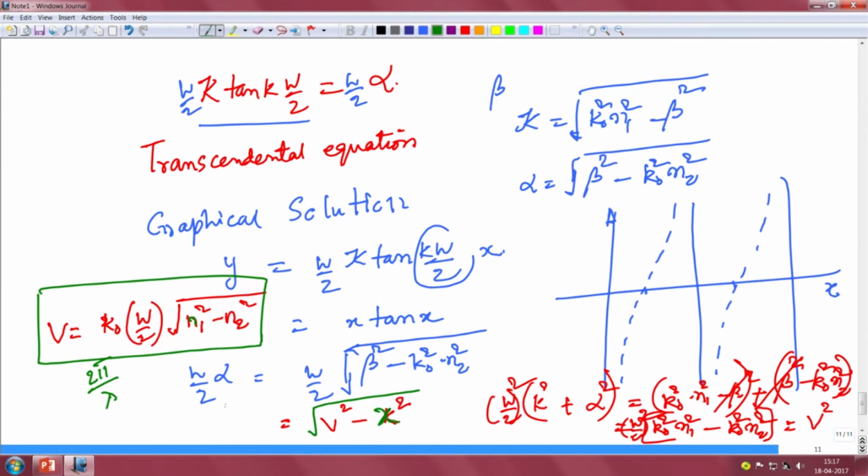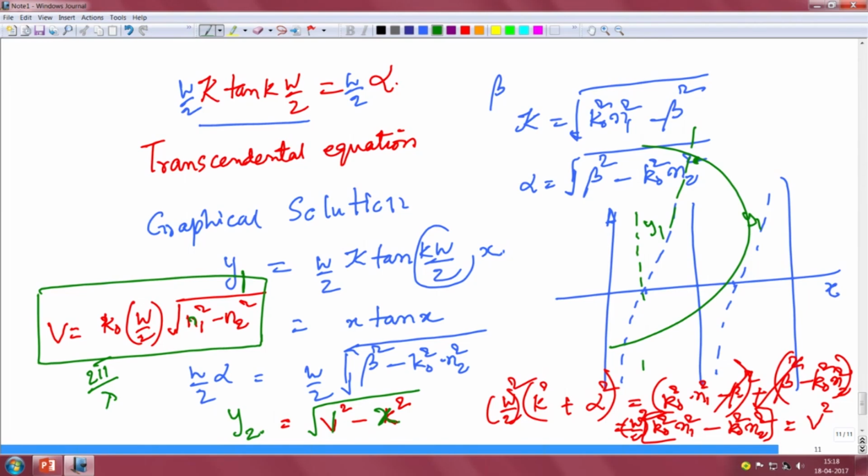If we say the first curve is y1 and the second curve is y2, the right hand side of the characteristic equation represents a circle of radius v, and depending on the value of v, the points of intersection of these two curves represent the solution. That is how you can obtain the solution to this equation graphically.